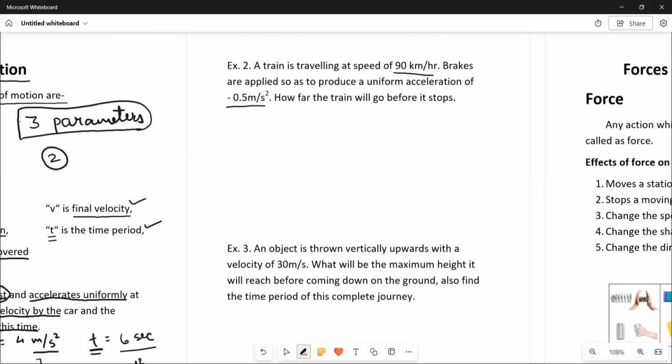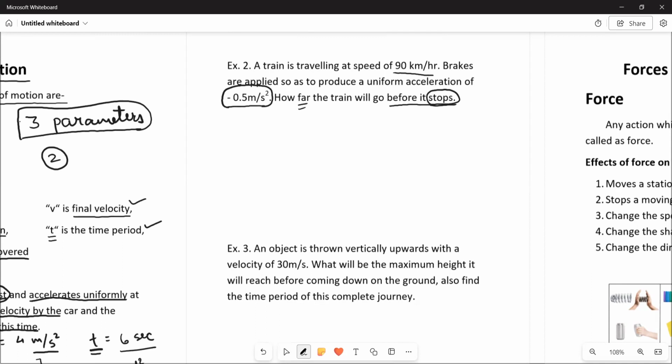Now see, we here are getting a negative acceleration, and we are supposed to find how far it will go. Means we are supposed to find the distance before it stops. Before it stops. The word stops plays the important role here.